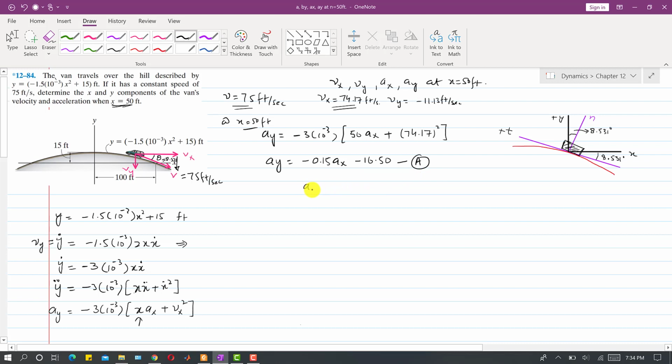So the tangential acceleration for this car will be equal to 0. What will be the tangential acceleration? That acceleration which will be tangent to the path, right? So this means that the acceleration which will be parallel to this velocity will be equal to 0, since the tangential velocity is constant, right?